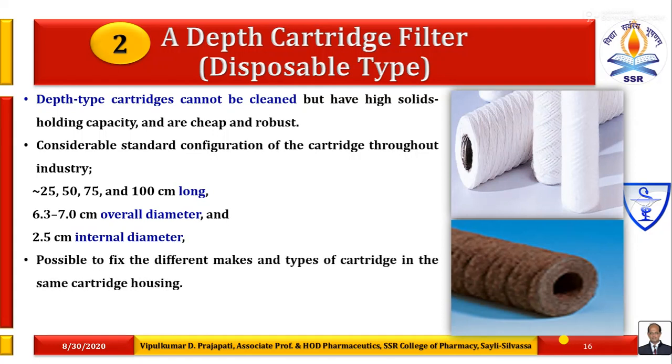It is possible to fix different makes and types of cartridge in the same cartridge housing. So a number of types of depth cartridges are available, and they can be fixed singly in a single housing, or a number of cartridges can be fixed in a single housing.